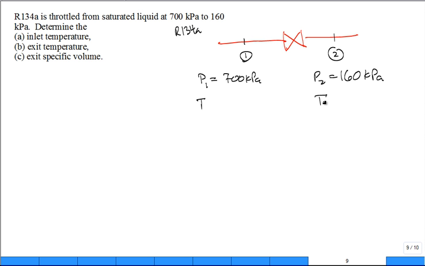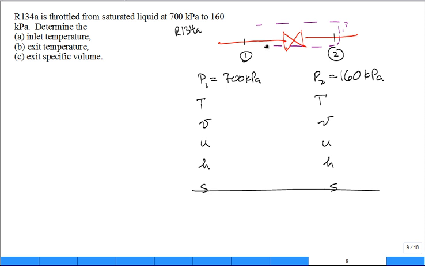T and P and v and u and h and s and any others. I mean, there's some others, but these are the more general ones that are applicable. Now, we haven't gotten to entropy, so scratch it off. Okay? And we're going to do a control volume analysis where it cuts around like this.